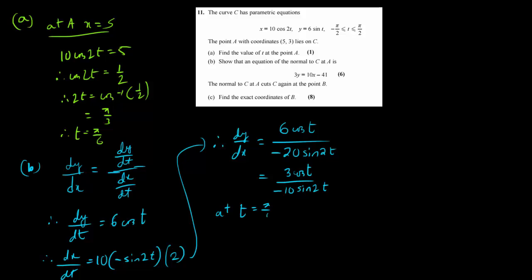So at the point A, t equals pi by 6. So dy by dx is going to be 3 cos pi by 6 divided by minus 10 sine 2 times pi by 6, which is pi by 3.